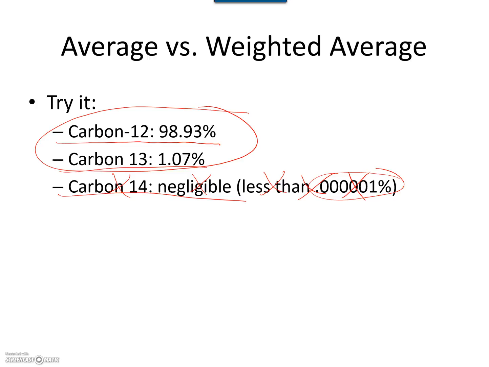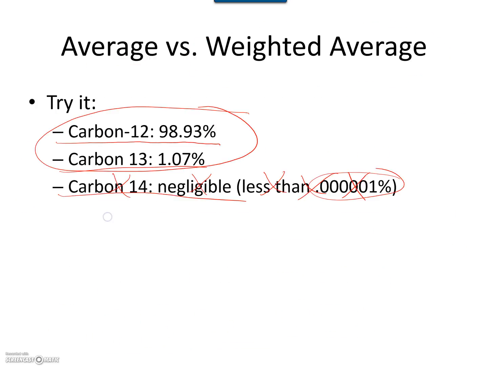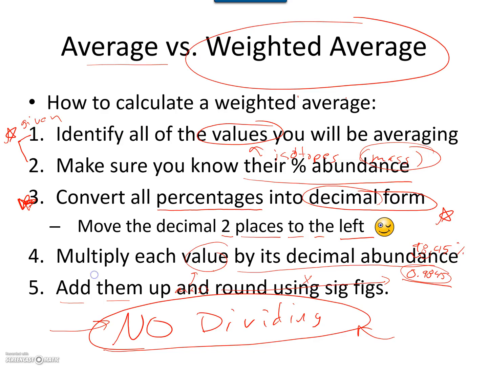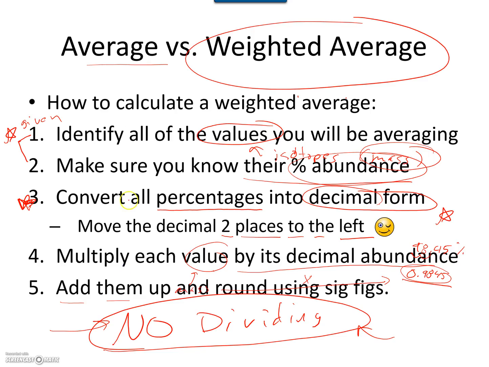Step 1, identify all the values we'll be averaging, 12 and 13. Step 2, make sure you know their percent abundance. Remember, steps 1 and 2 are given: 98.93, 1.07.